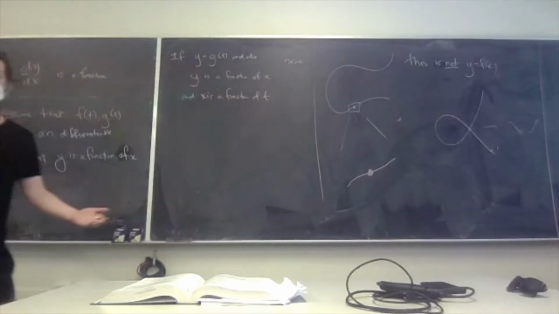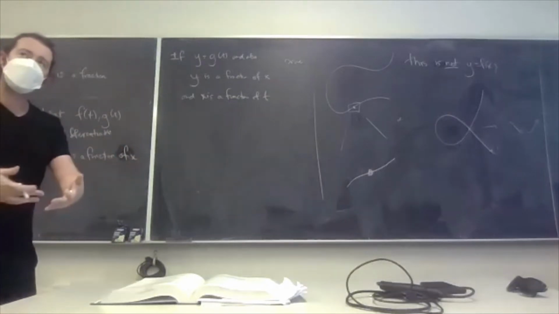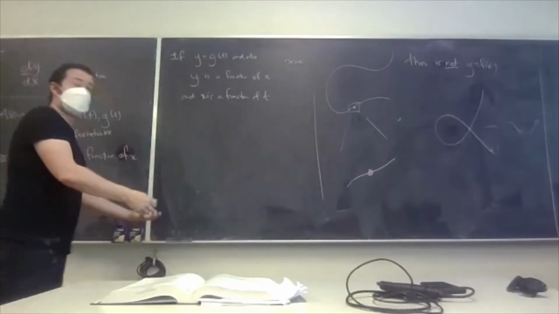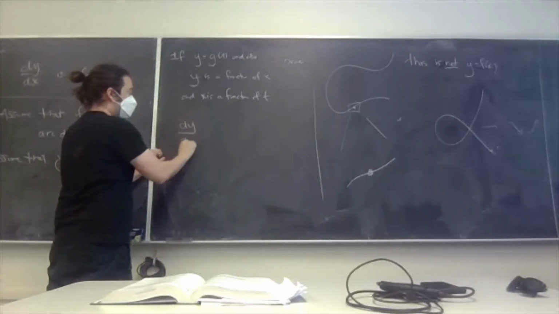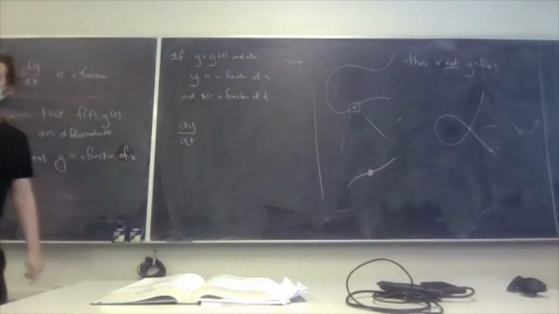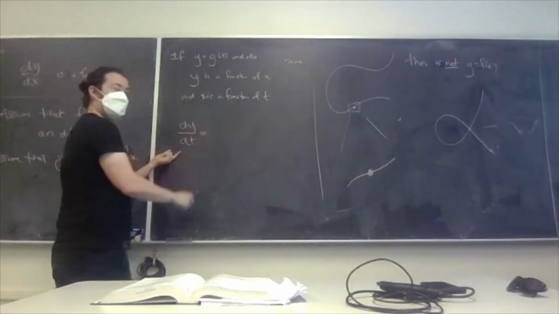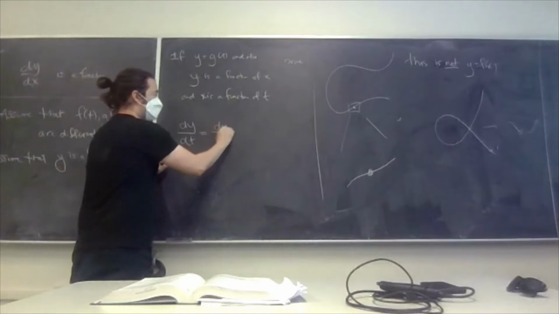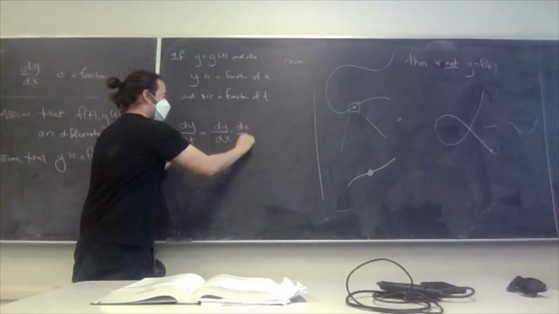use the chain rule. If y is a function of x and x is a function of t, y is also a function of t. You could write dy dt, well, the t derivative of y by the chain rule is going to be equal to the x derivative of y times the t derivative of x.